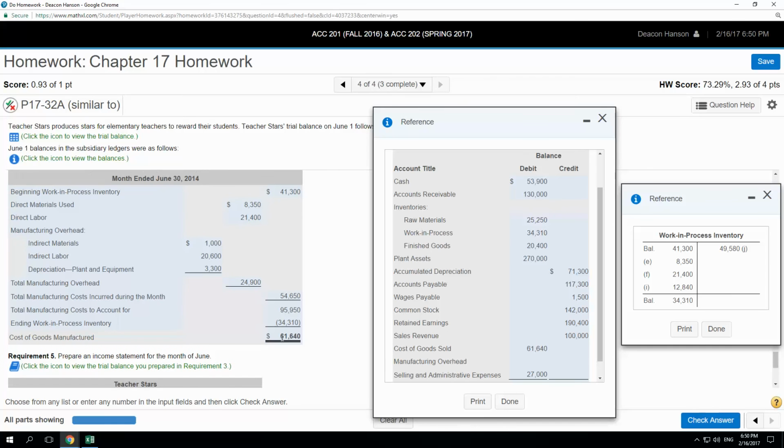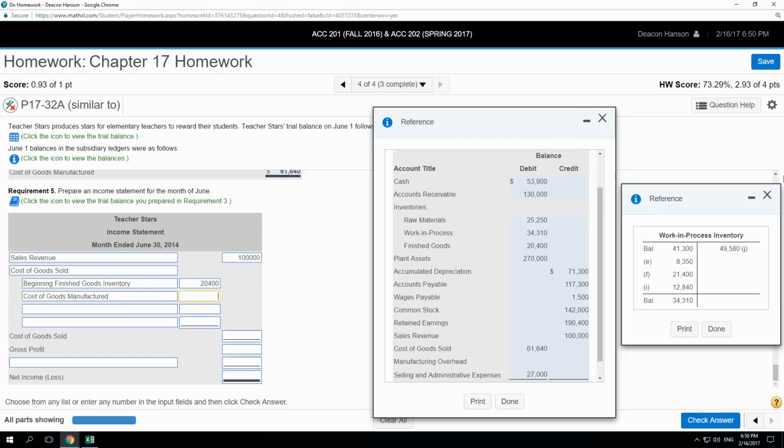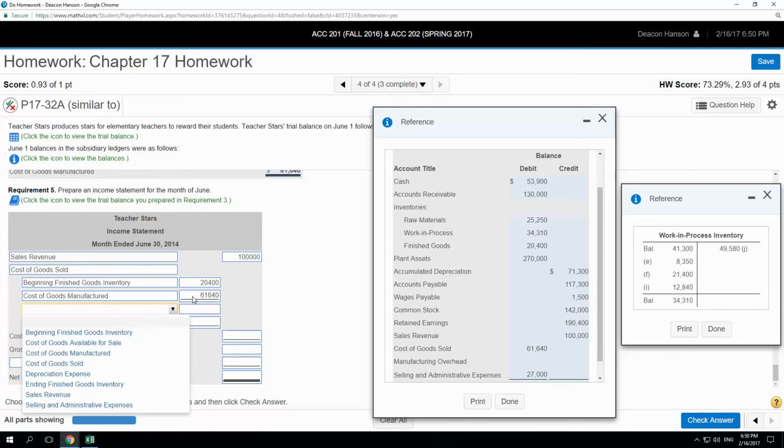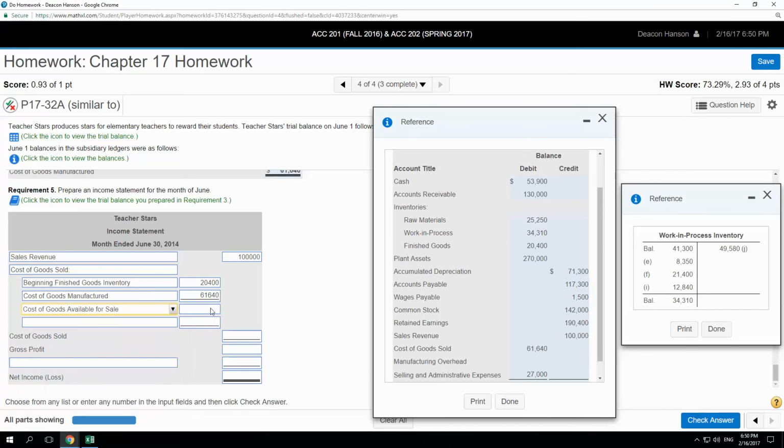So I'll take this 61,640 and add it. So that's going to be my cost of goods available for sale, 82,000. I'm sorry, 82,040, right?